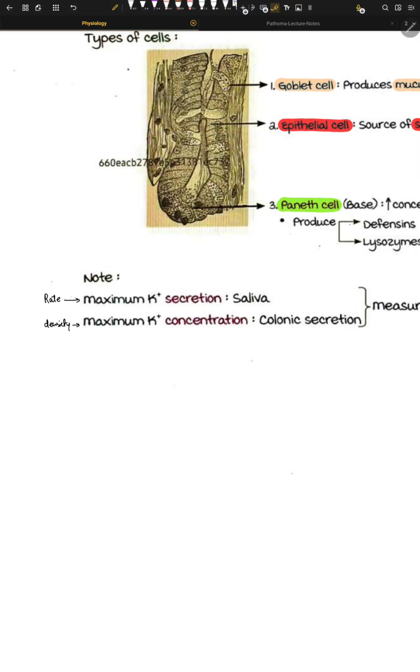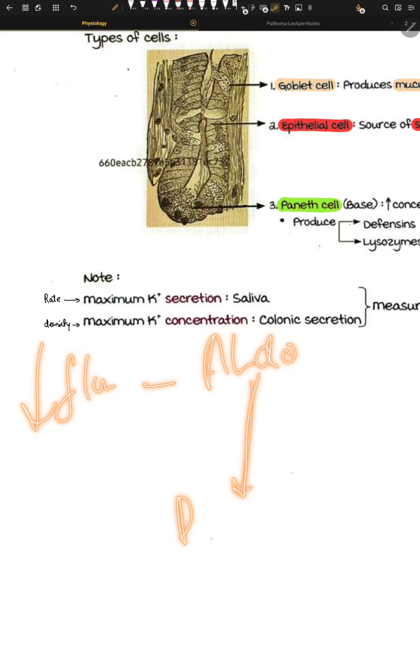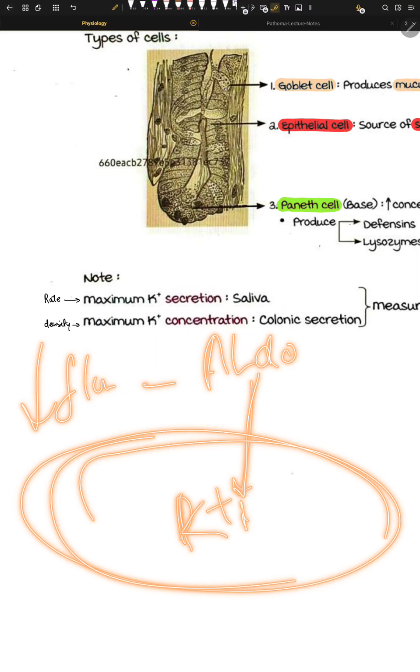So the amount of potassium secreted may be small, but the concentration is really high. And that's why in severe diarrhea or colitis, the patient loses a lot of potassium, because loss of fluid leads to aldosterone, and aldosterone leads to a lot of potassium being secreted inside the distal colon.